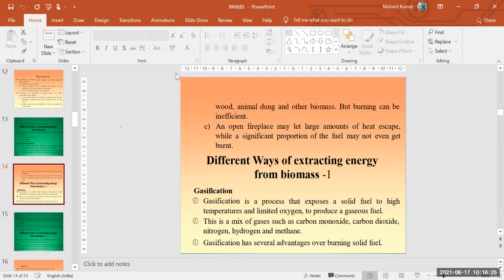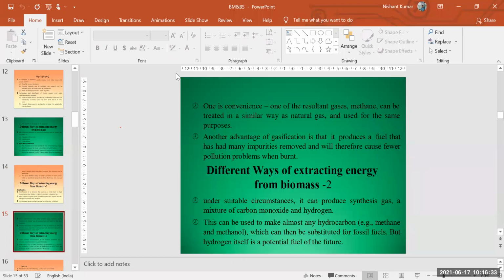Gasification has several advantages over burning solid fuels. One is convenience. One of the resultant gases, methane, can be treated in a similar way as the natural gas used for the same purpose. This is one convenience we get when we gasify.